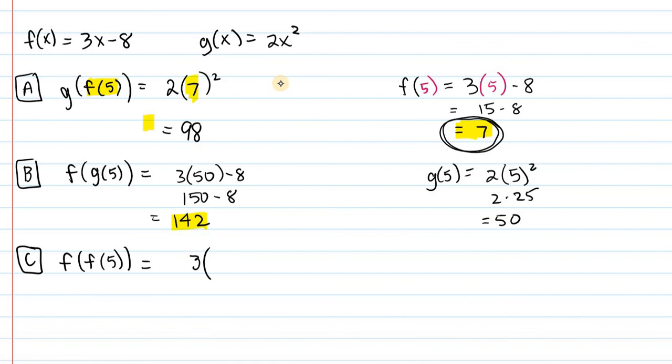So that would be 3 times 3x minus 8, minus 8, and if I distribute, I get 9x minus 24 minus 8, which is 9x minus 32. Okay, so this expression represents f of f of x.